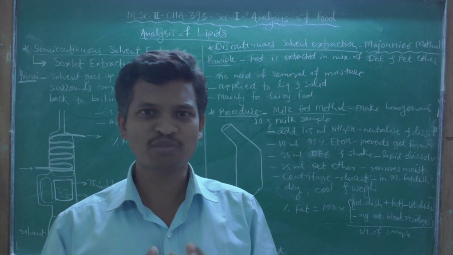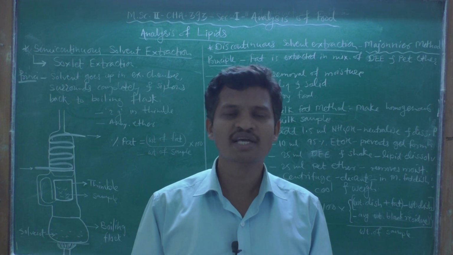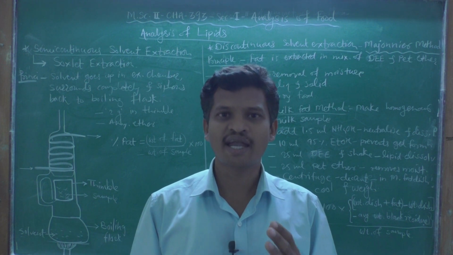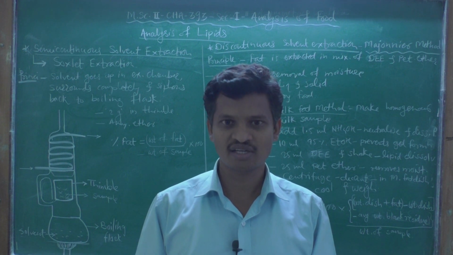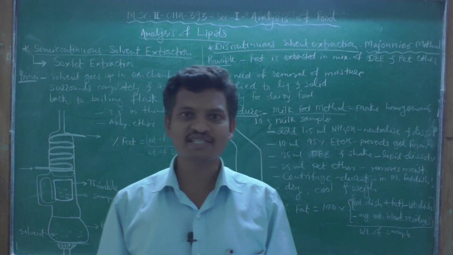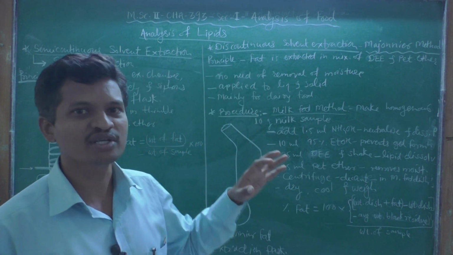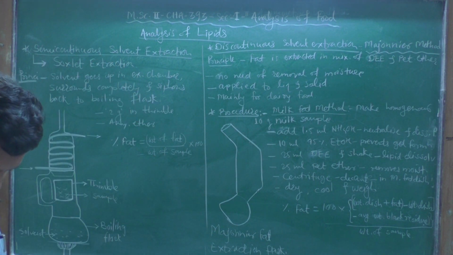It is one type of solvent extraction, and the special equipment used in this case is known as the Soxhlet apparatus, hence the title Soxhlet extraction, which is categorized under semi-continuous solvent extraction. Now, what is the principle of this Soxhlet extraction?